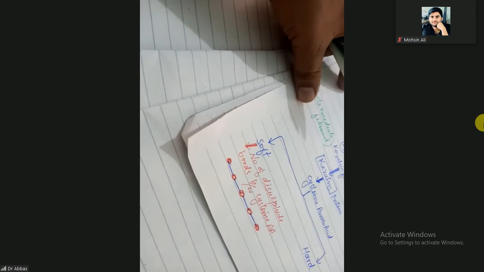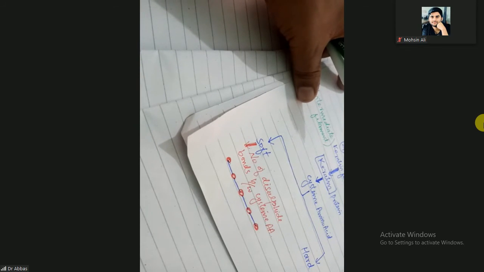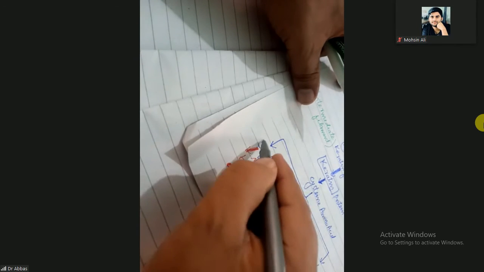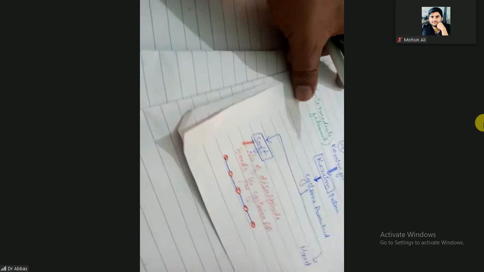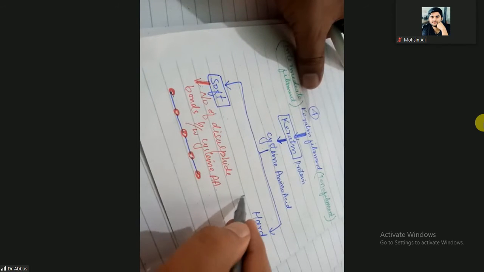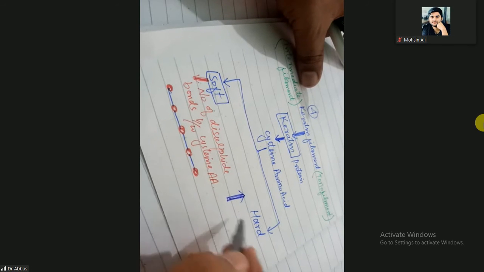When there is a decreased number of disulfide bonds between amino acids, that will make soft keratin.